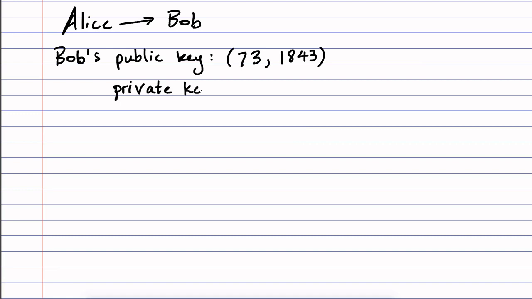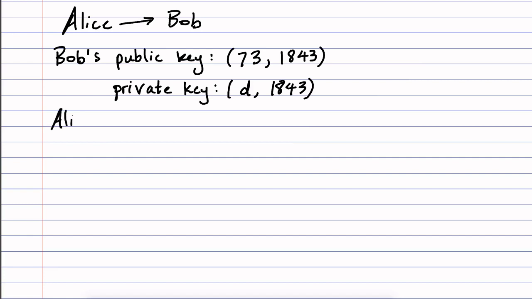And the whole idea is that because his public key is so simple, we're going to be able to figure out what it is. So it's going to be something of this form, D, 1,843.